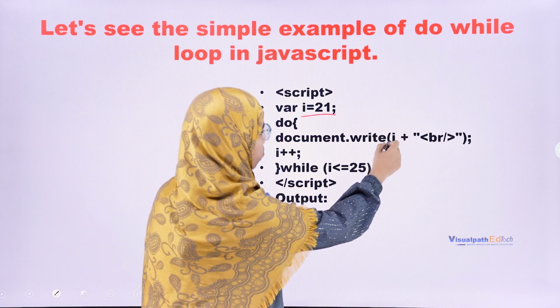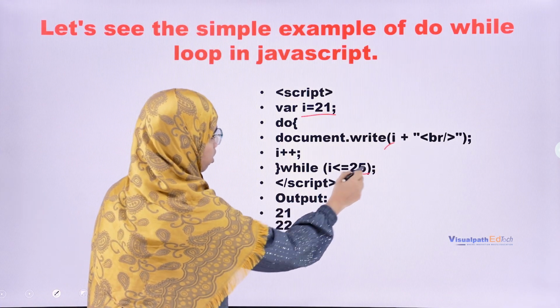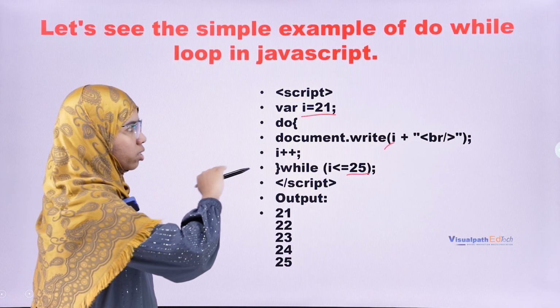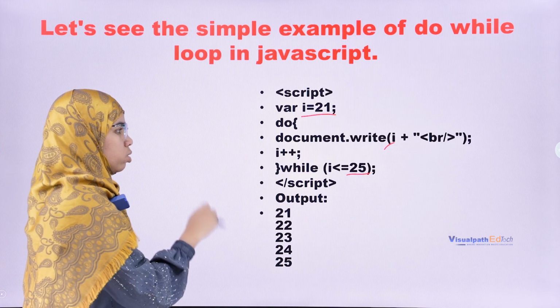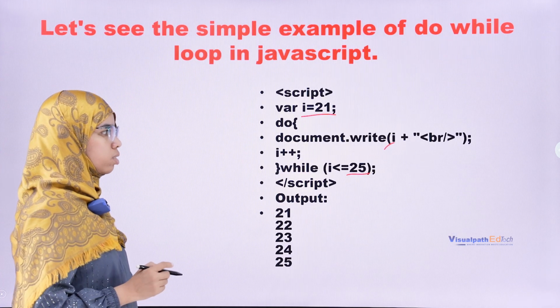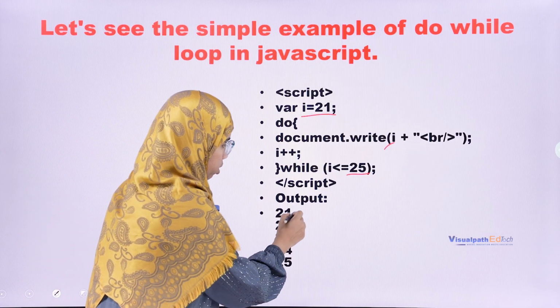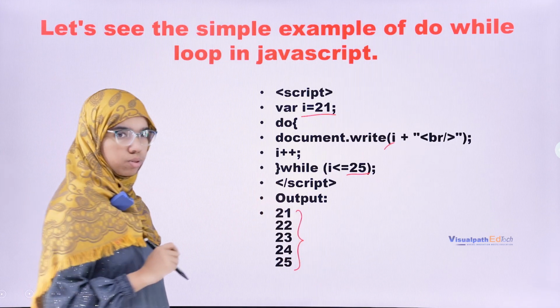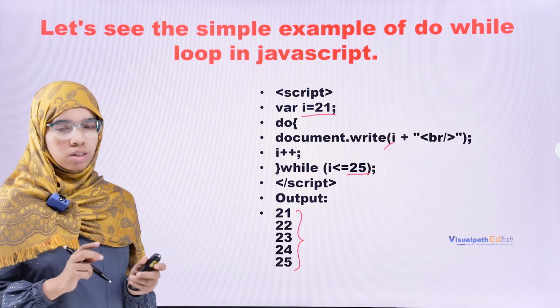Now I want to print the values of I from 21 till where? Till 25. But here the condition is not tested in the beginning. The condition is tested at the end. So the peculiarity of the do while loop is, even if the condition is failing, the outcome will be available at least once.